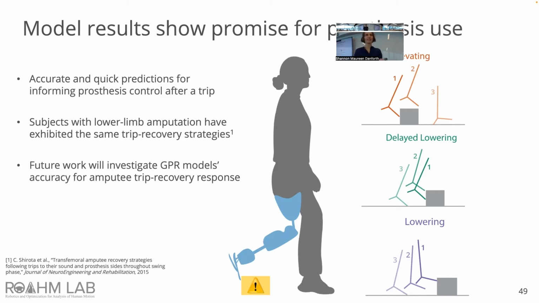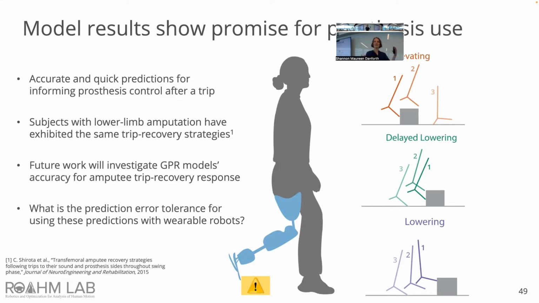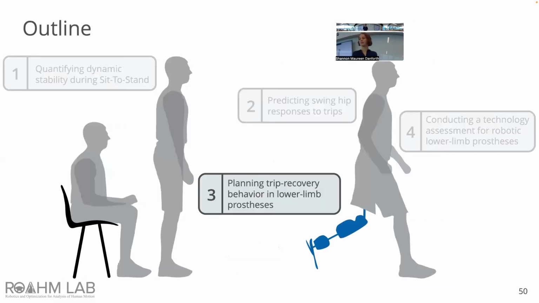And we also only looked here at relative accuracy between three types of models. But one other question we might have is, what's the absolute error we want to allow in any sort of robot control model? So developing ways to gauge how much error we can allow when we're developing controllers for trip recovery. And with that, we'll move on to planning trip recovery behavior in lower limb prostheses.